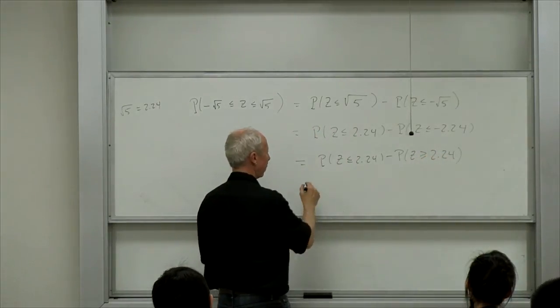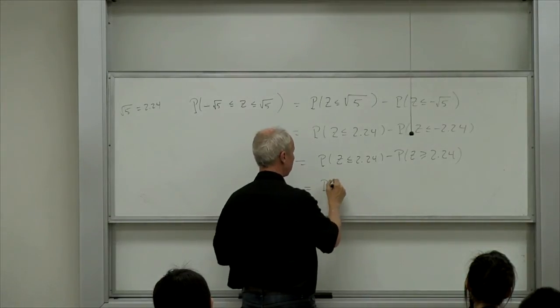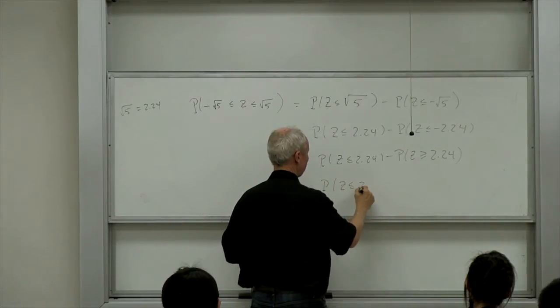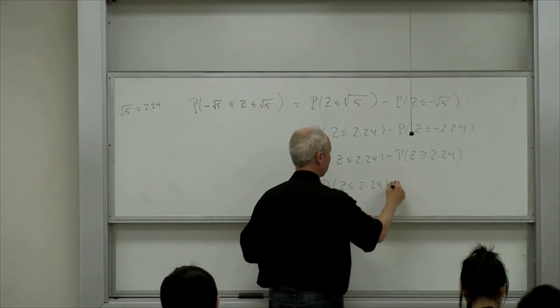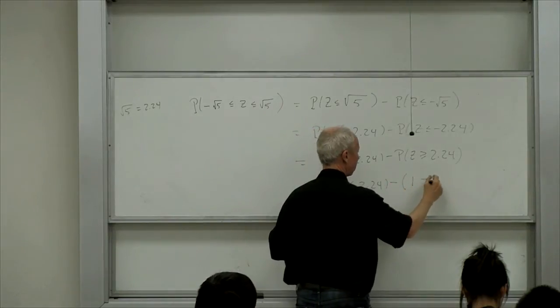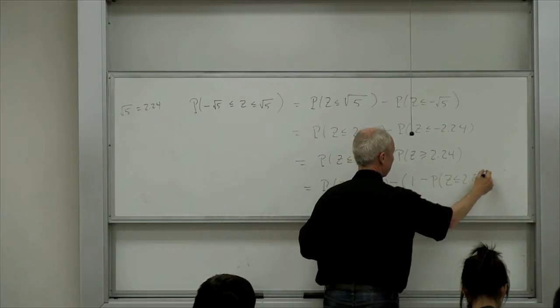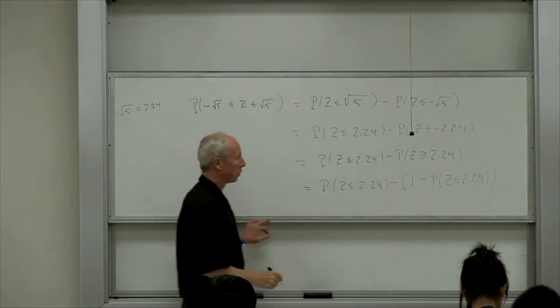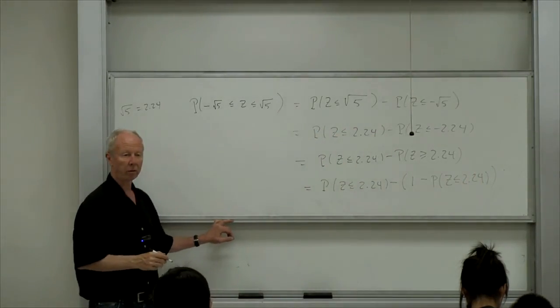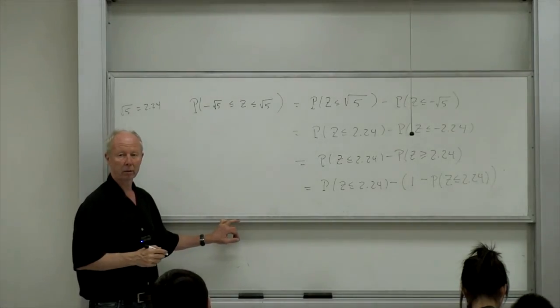And then we convert that, again using probability of A as 1 minus probability of A complement.